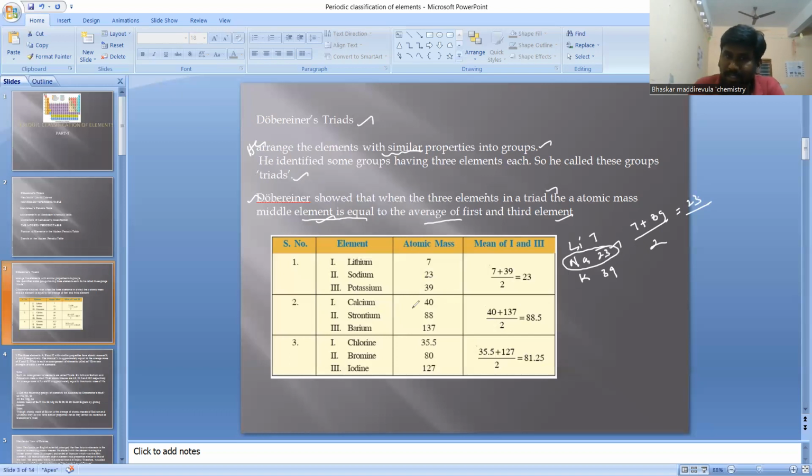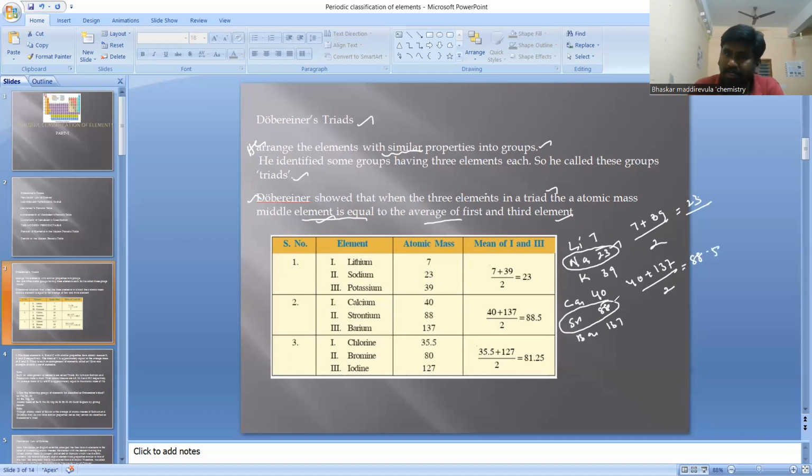Next, the second triad is calcium, strontium and barium. Here also he arranged the elements which possess similar properties in increasing order of atomic mass. He also showed that the atomic mass of the middle element is equal to the average of the first and third elements, around 88.5.